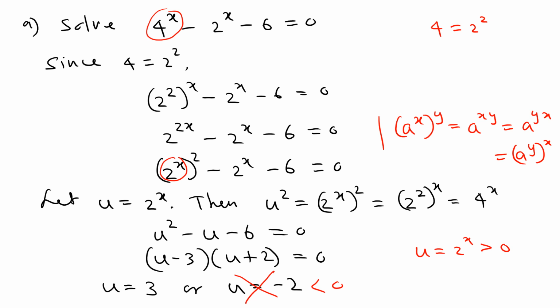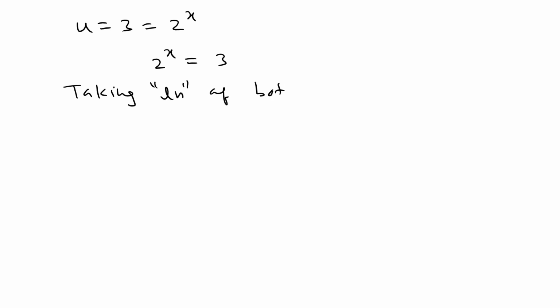So we're going to continue with that. u equals 3 is the solution, which is 2 to the x. Now we have a simple exponential equation: 2 to the x equals 3. So we're going to take the natural log of both sides. We have ln 2 to the x equals ln 3.